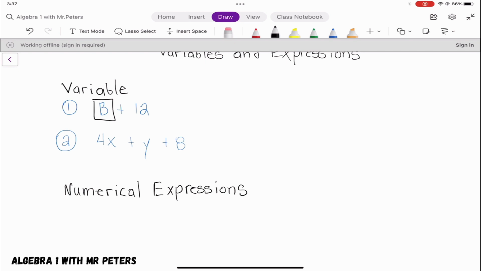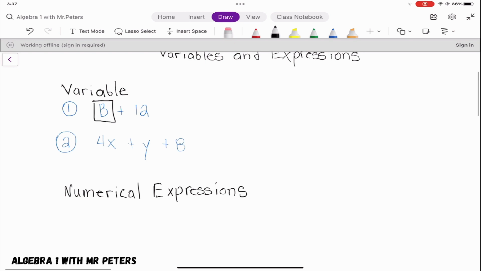And you guys will tell me that x and y are two letters that represent unknown numbers. So remember, variables are just letters that represent unknown numbers. It doesn't have to be just the letters x and y, and there could be more than one variable in a problem.